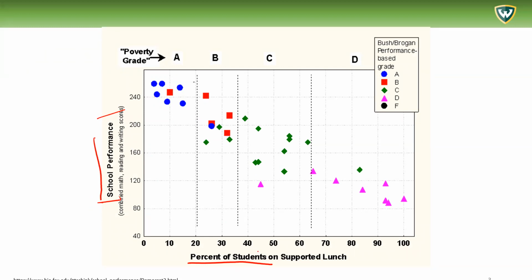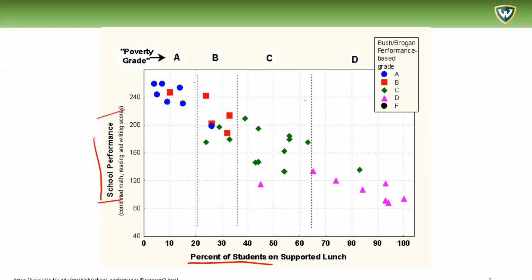In other words, it's also a measure of the income of students, because if they're on financial assistance, they usually have less income. So the higher the percent of students on supported lunch, the higher the number of students that have a low income. And here we actually have another dimension, this Bush-Brogan performance-based grade, a system of grading for the quality of the school.